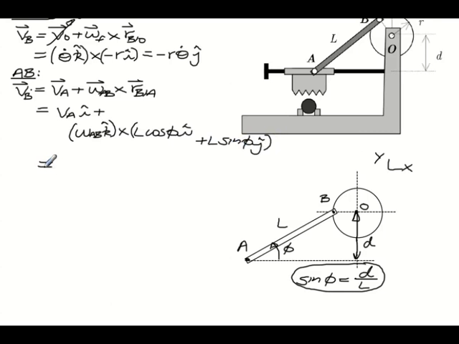So when I do my omega cross R and add it to VA, I get VA in the I direction. K cross J is a minus I, so this is a minus L omega AB times sine phi.